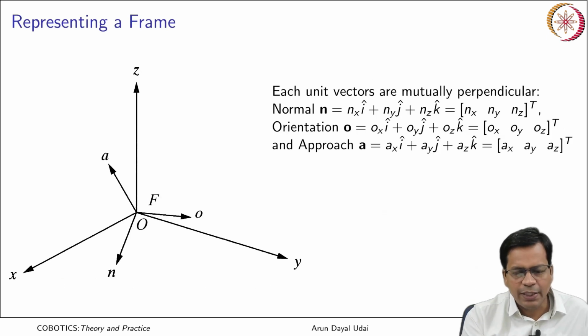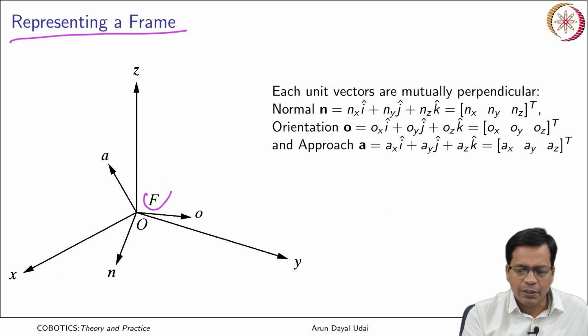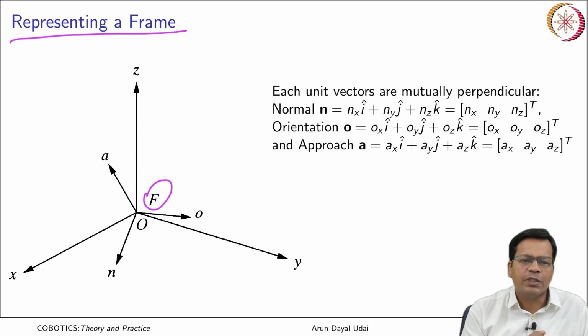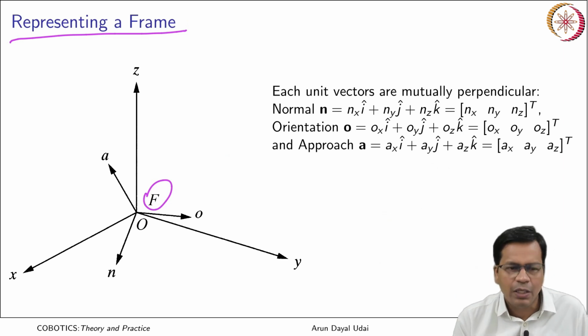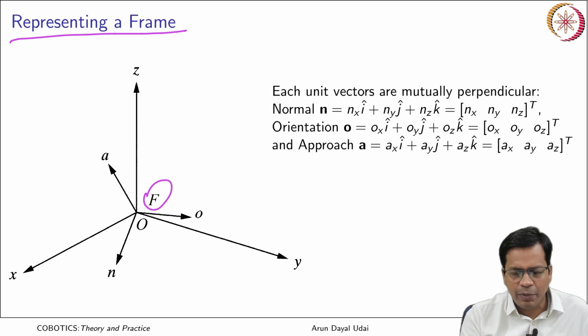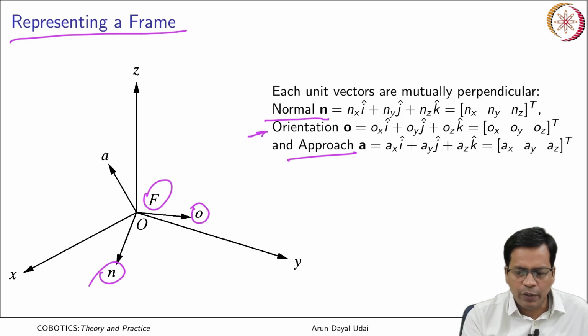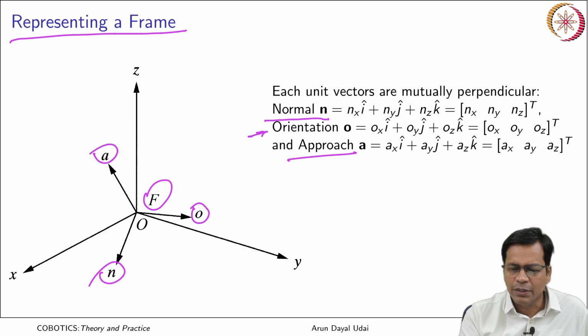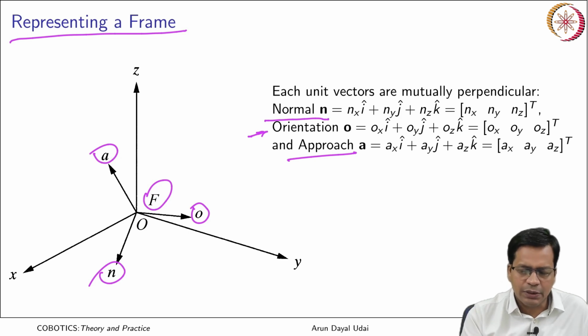Now representing a frame over here, this frame is coinciding with the origin frame, but you see it is a little bit rotated. So it is again given by three orthogonal vectors which are mutually perpendicular to each other: normal n, orientation O, and approach vector A. Three orthogonal vectors are these nx, ny, nz, ox, oy, oz, ax, ay, az, their orthogonal projections along x, y and z.